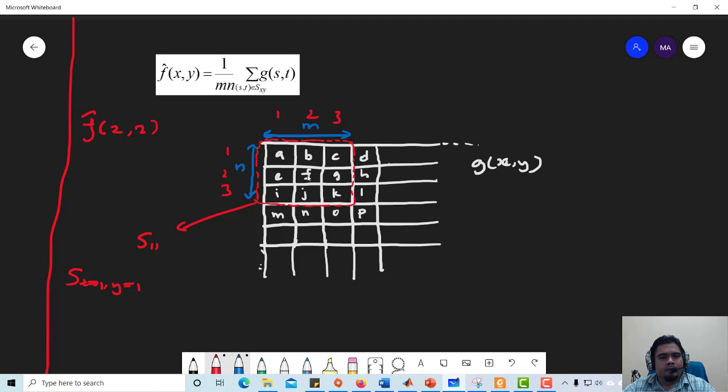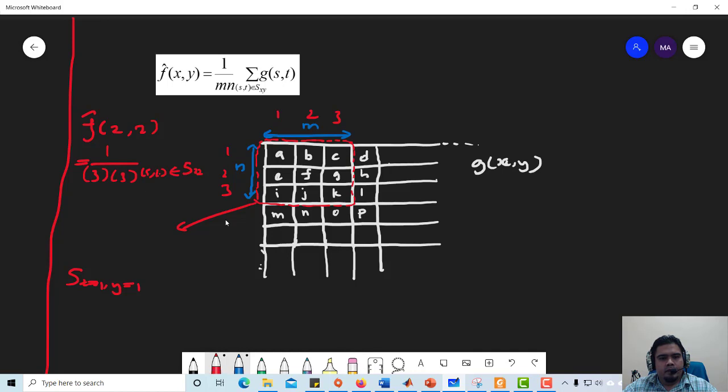Then from this equation you need to express the formula, assuming m equal to 3 and n also equal to 3. Then s and t is a subset of the surface S 2 2. So what is the meaning of 2 2 here? It is this one.